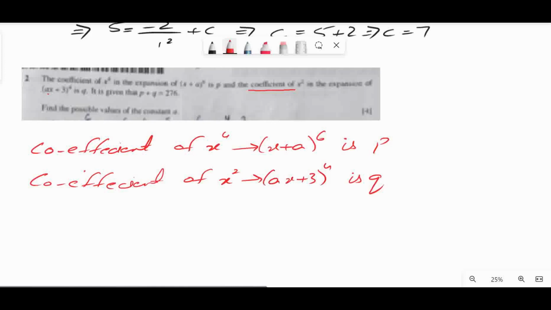Now this is the question. This is the first part of the question. It is given that p plus q is equal to 276. Find the possible values of the constant a. So we have to find the possible values of a.